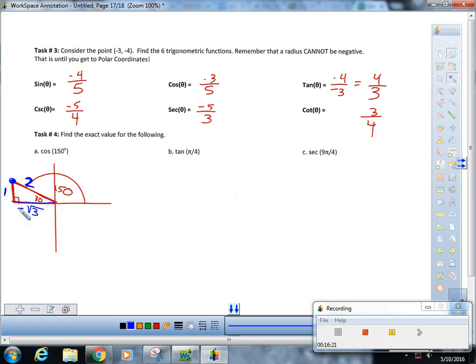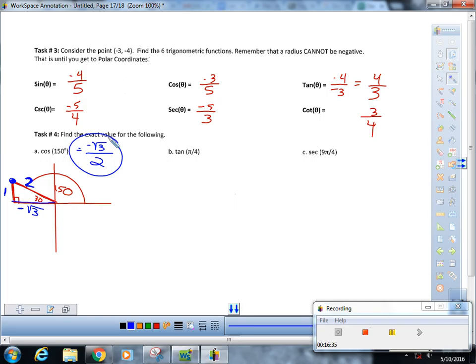So cosine of 150 equals negative radical 3 over 2. See, when it asks you to find the exact value, you cannot use your calculator for that. Does yours come up as negative radical 3 over 2, or does it give you a decimal? That's huge. Nice calculator. So you can use your calculator.